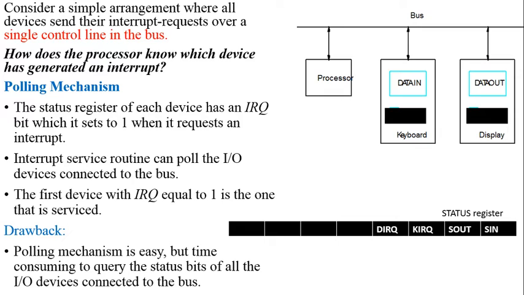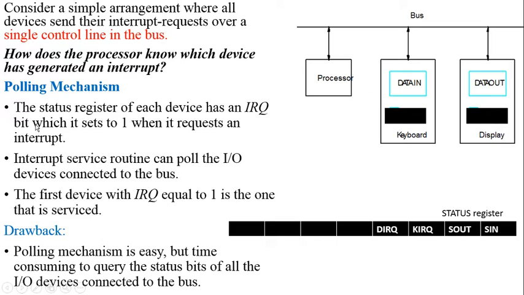Here the processor, keyboard and display units are connected through a common bus, and whenever the processor receives an interrupt request, it wants to identify which among these units generated that particular interrupt. So we have a mechanism, that is the polling mechanism.